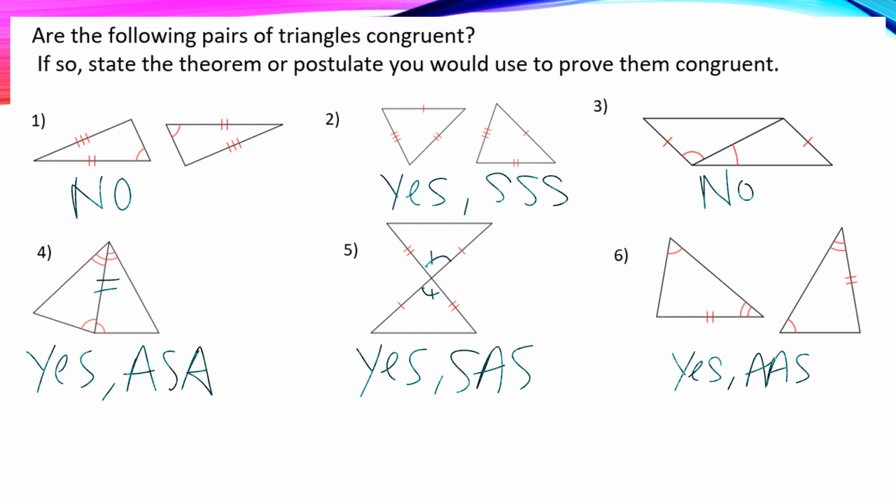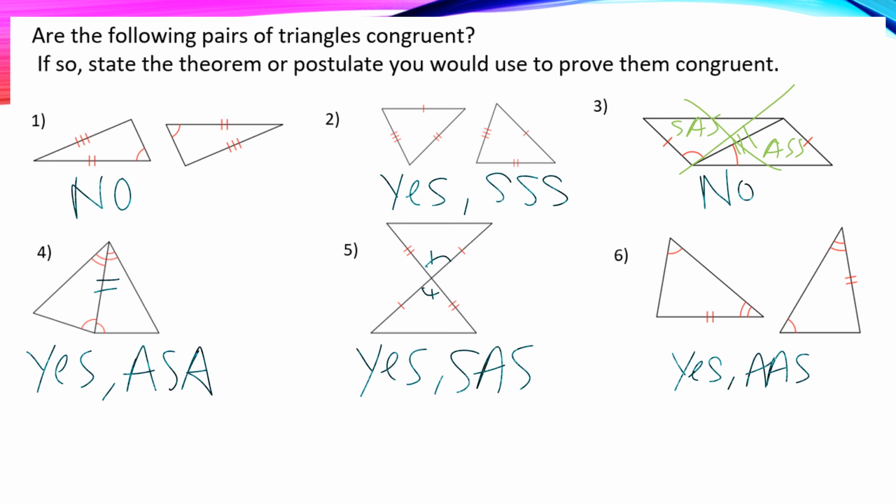Number three, yeah, we could say that this is the same line here, but this side would be angle, side, side. Ha, I just wrote a cuss word, big deal. And then the other side would be side, angle, side. So because they don't have the same form on either triangle, that would not be congruent.